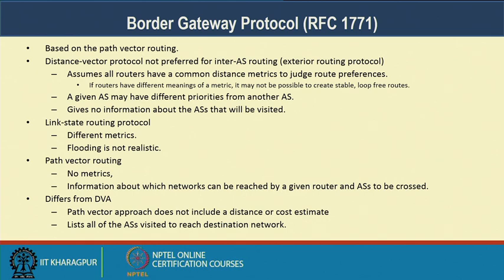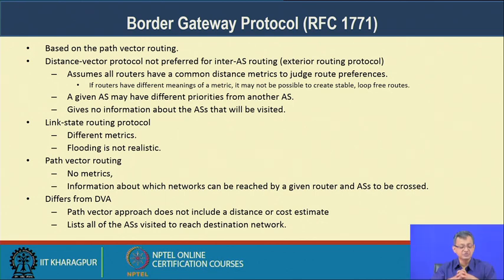In path vector, there is ideally no such metric. You have a sequence of paths which is looked into. Information about which network can be reached by a given router, or which AS is to be crossed, is the only thing. It differs from the distance vector algorithm in that the path vector approach does not include distance or cost estimation.